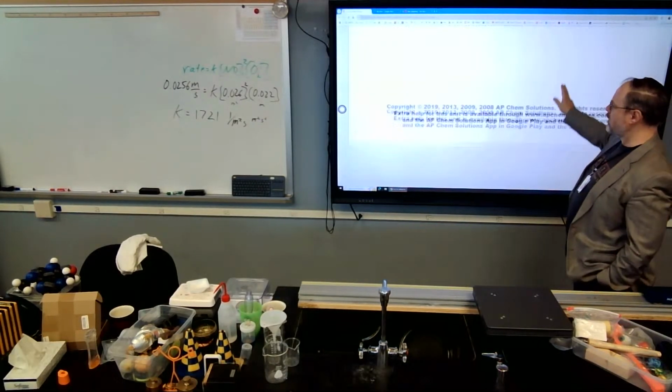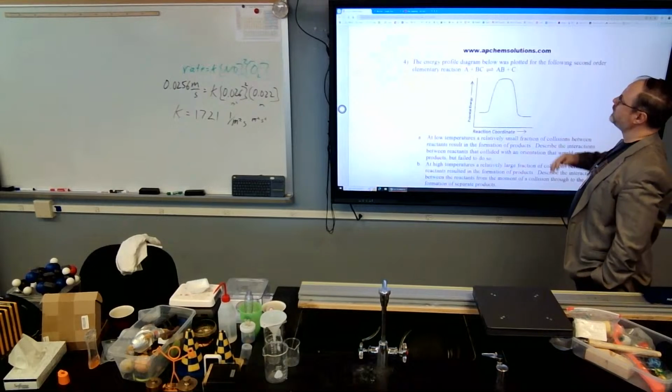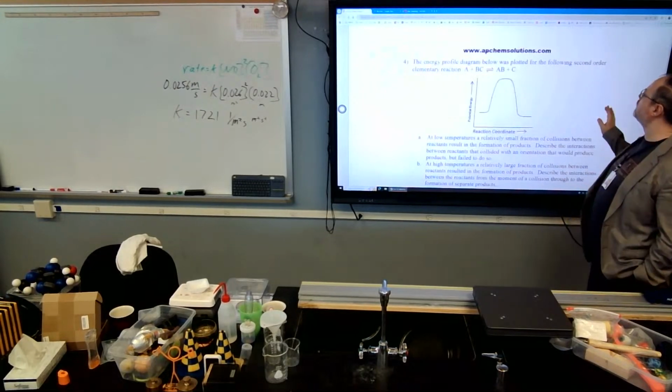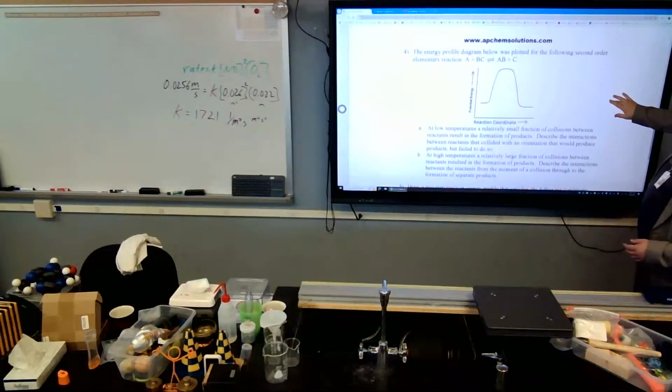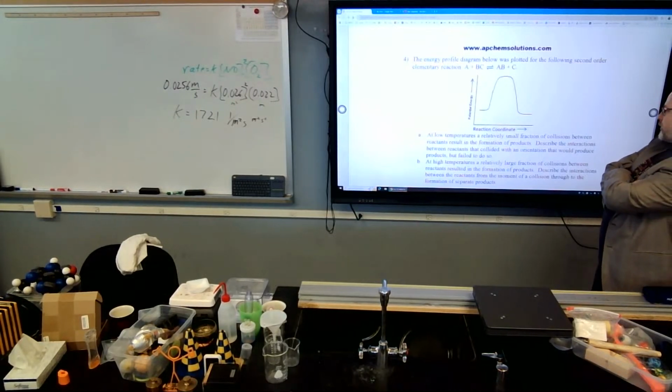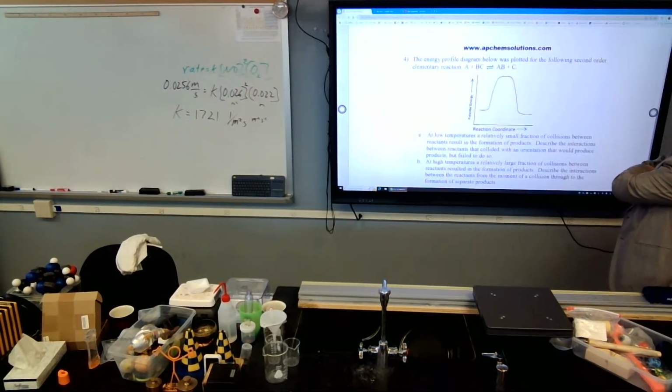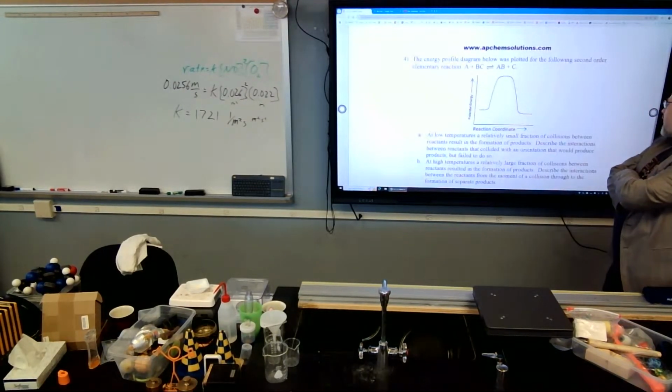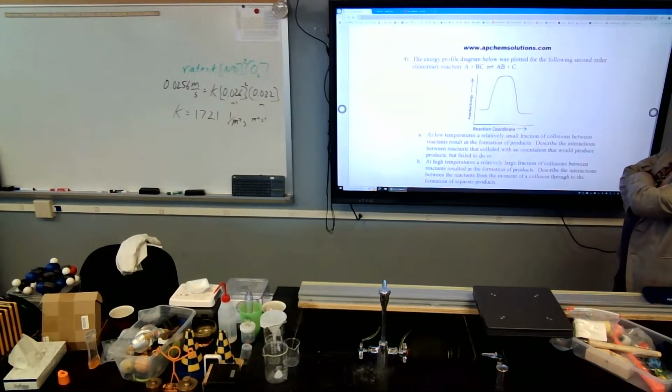Banging right along. Okay. This is a great one. An energy profile diagram was plotted for the following second order reaction. At low temperatures, a relatively small fraction of collisions between reactants result in the formation of products. Describe the interactions between reactants that collided with an orientation that would produce products, but failed to do so.